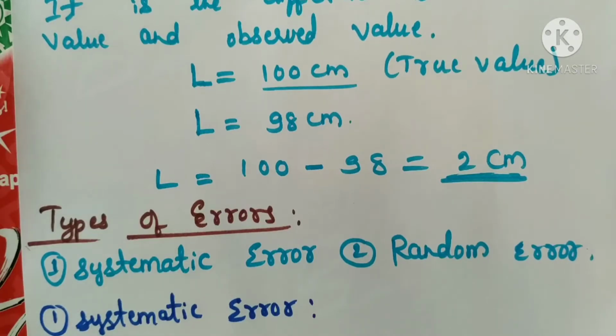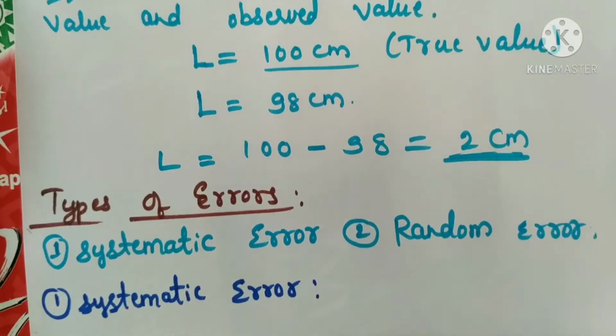They should be either positive or negative. The systematic errors have to follow a particular pattern. That's why the name is given as systematic error.